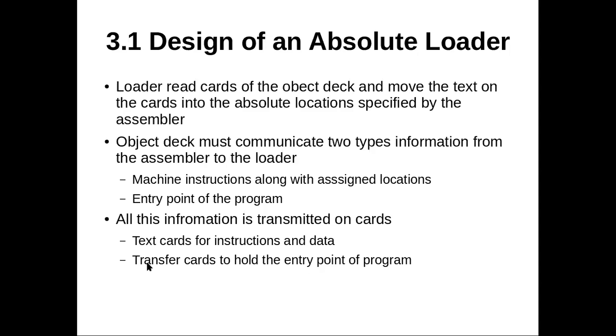The text card will contain the converted machine language instructions and the data to be loaded into the memory, and also the address at which to store those converted instructions. Transfer cards or end records will hold the entry point of the program, so we can initiate the execution of the program.